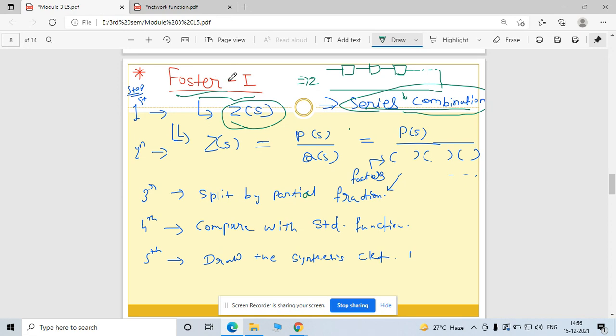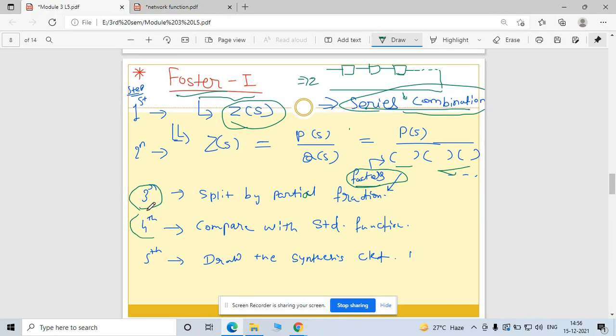First of all, identify which circuit is given to you, either Foster 1 or Foster 2. If the Foster 1 circuit is given, that means you need to find the impedance function of that circuit. Second, you have to arrange your function in such a format that your denominator is in factor format, right? There are a number of factors in the denominator. Third, you have to split it by partial fractions. Once you arrange your question in this format, now you separate it with the partial fraction method.